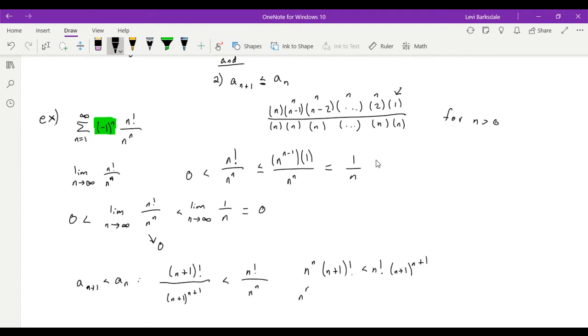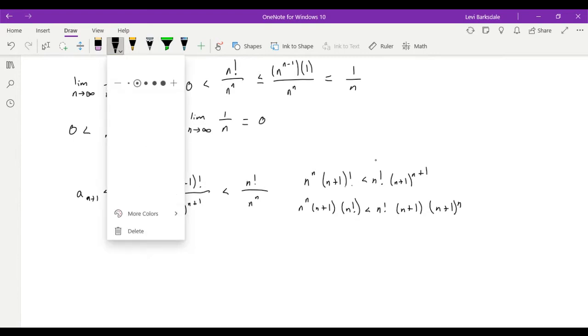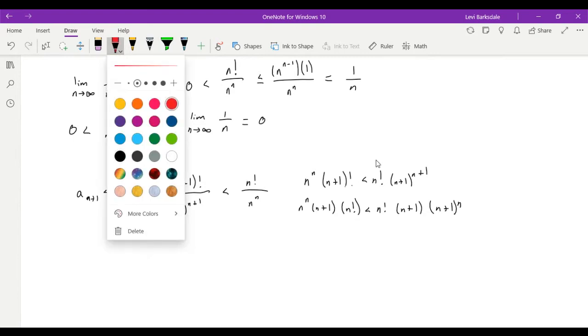I can rewrite my left-hand side as n to the nth times n plus 1 times n factorial. And my right-hand side is n factorial times n plus 1 times n plus 1 to the nth by reducing this exponent by 1. And now I can cancel an n factorial from each side as well as an n plus 1.